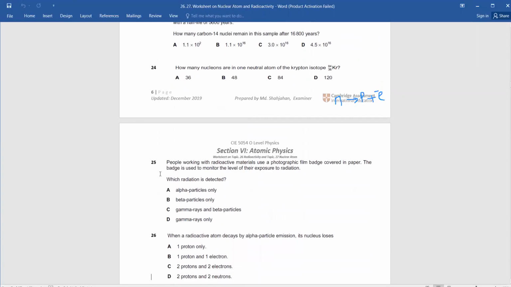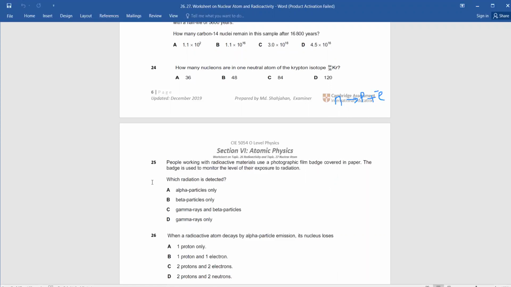Adnan, 25. Continue. People working with radioactive materials use a photographic film badge covered in paper. The badge is used to monitor the level of their exposure to radiation. Which radiation is detected?